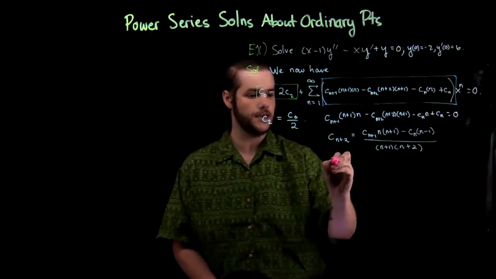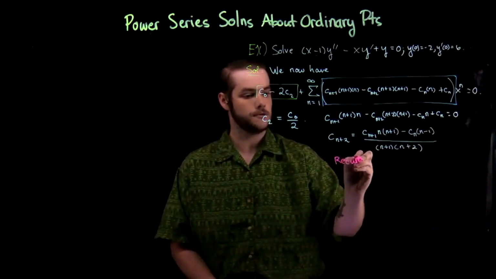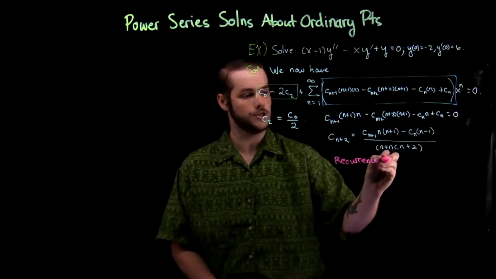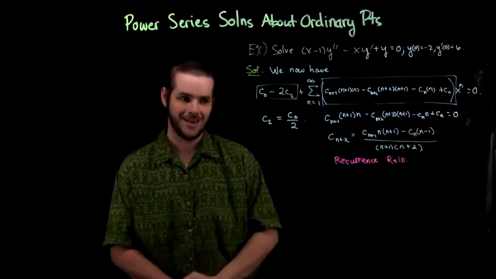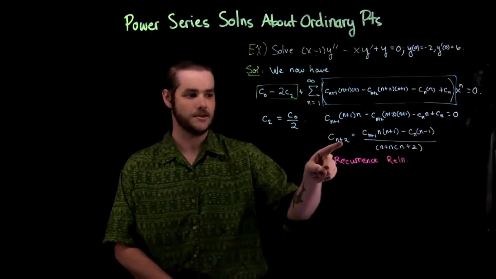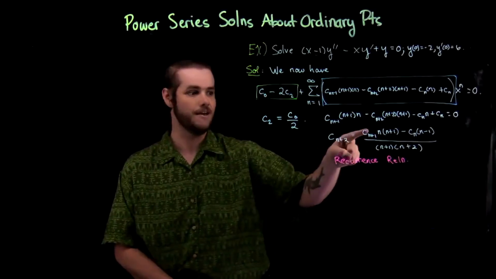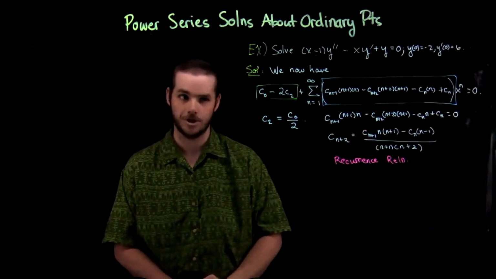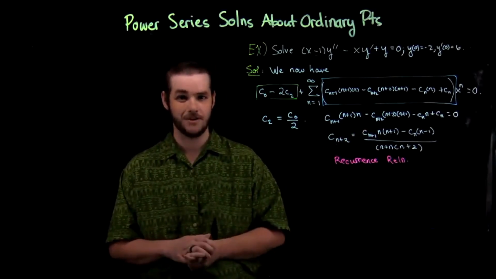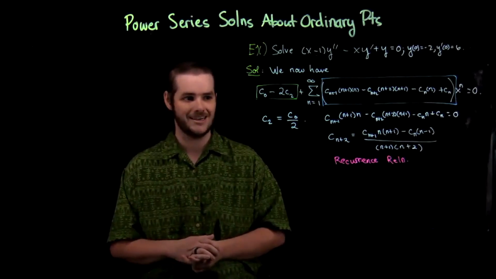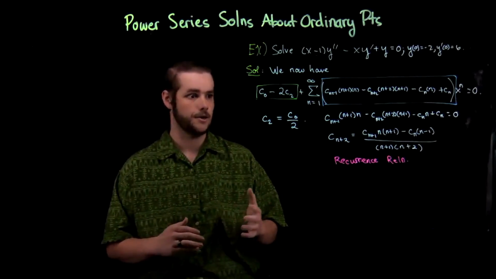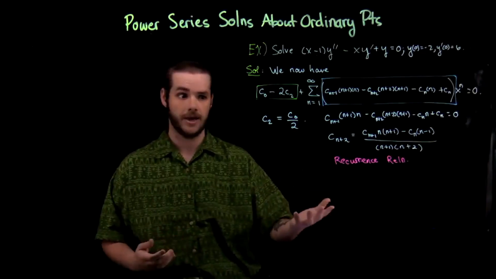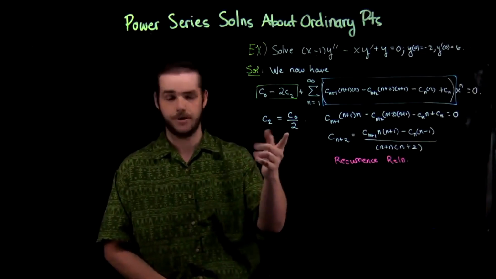We call this a recurrence relation. Notice I can get C(n+2) if I have the previous 2 coefficients. Now we arrive at a little bit of a conundrum, because I don't know how to find C0 and C1 just yet, but if I had them, theoretically, here's C2, pretty straightforward.